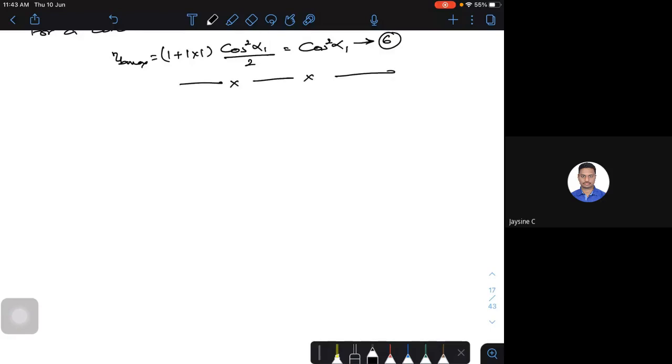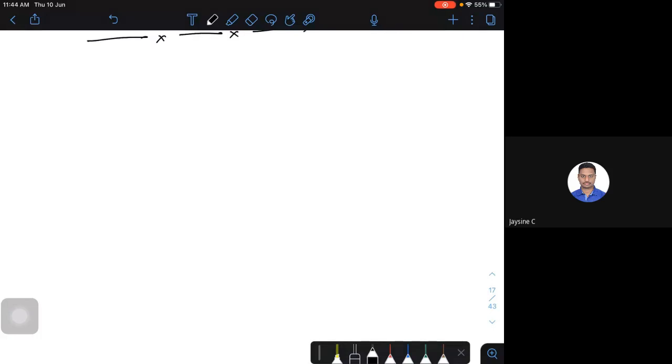Now let us look at one more topic. I think we have another 20 minutes. Let's look at multi-staging. Multi-staging on a single shaft: multi-stage steam turbines.